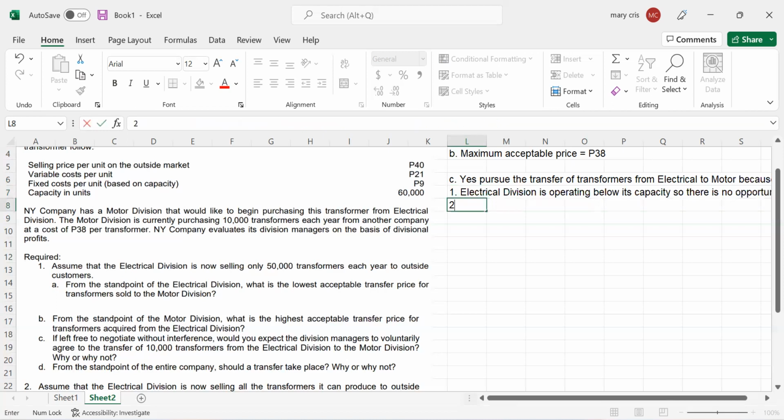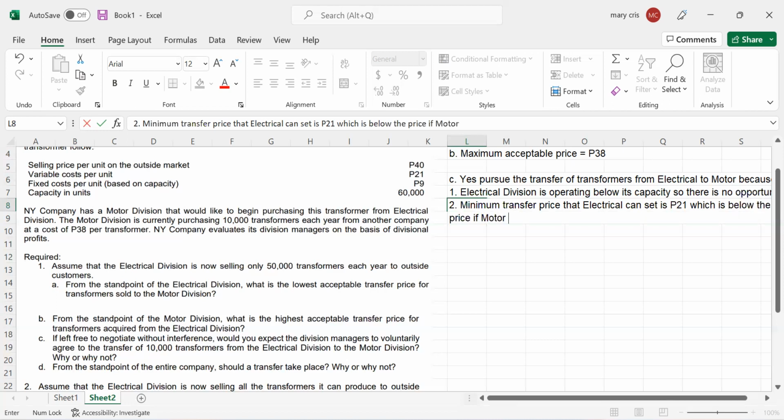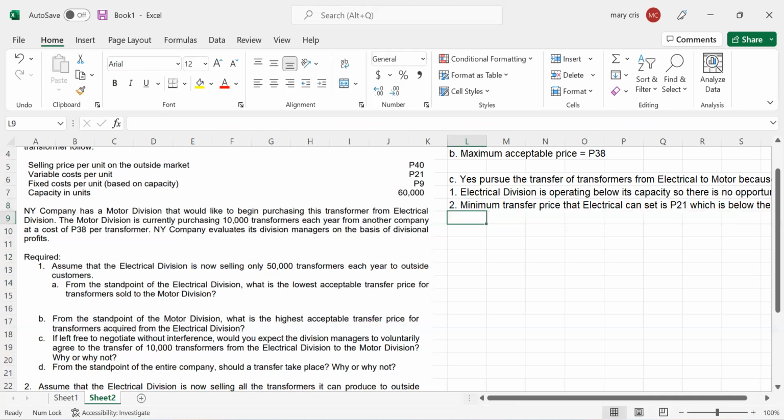Now, another reason why they need to pursue is because the minimum transfer price that electrical can set is 21 pesos, which is below the price if motor division will purchase it from the outside supplier at 38 pesos. So, yun yung mga reasons na why they can pursue the transfer.